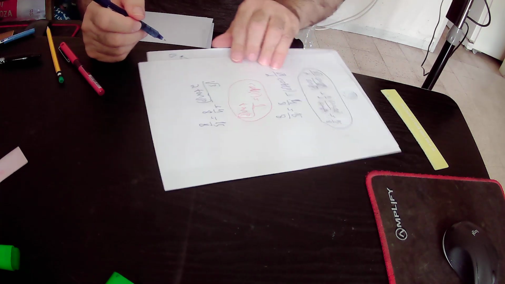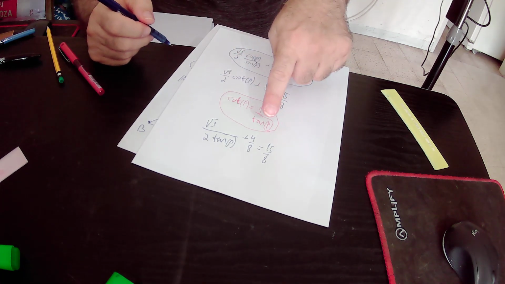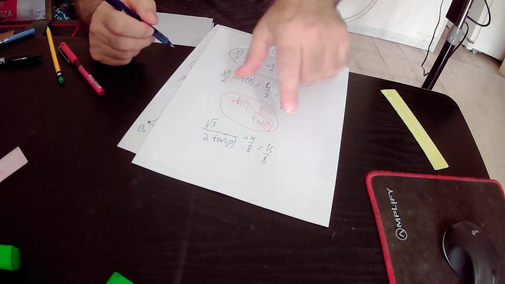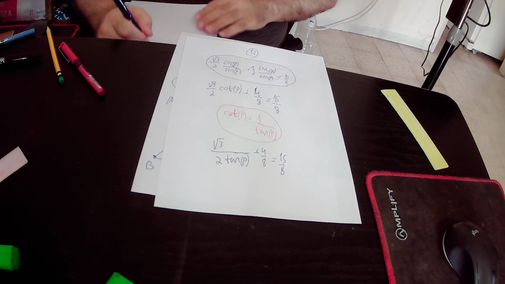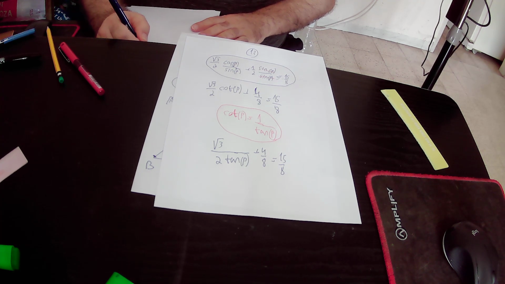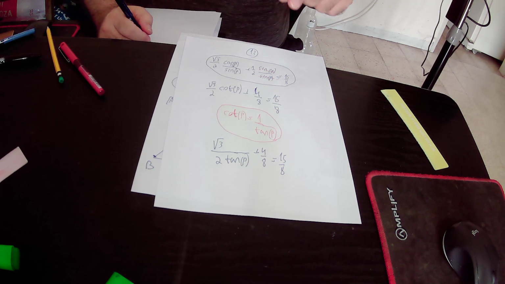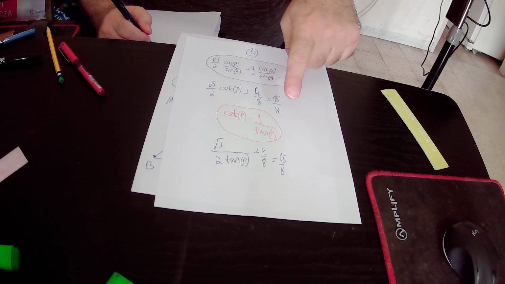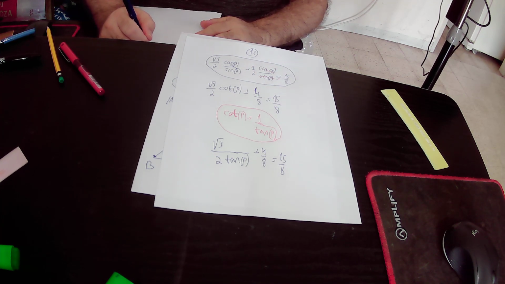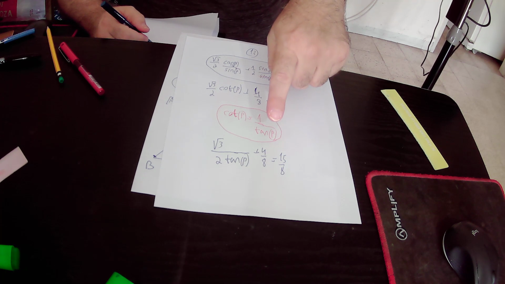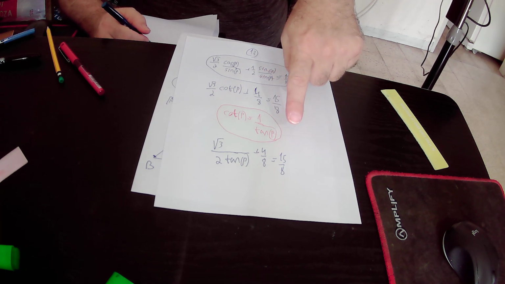Here we'll subtract 4 over 8 from this equality, and we will get root 3 over 2 times tangent P equals 15 over 8 minus 4 over 8, which is 11 over 8.